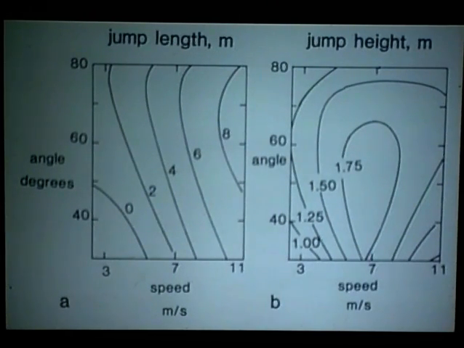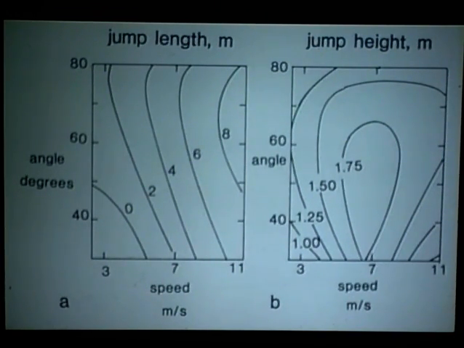And we will look at what happens when we run up at different speeds and set down the leg at different angles. Look at the left-hand graph, which refers to long jumping. On the horizontal axis, we've got speed, ranging from a slow jog to a very fast sprint.